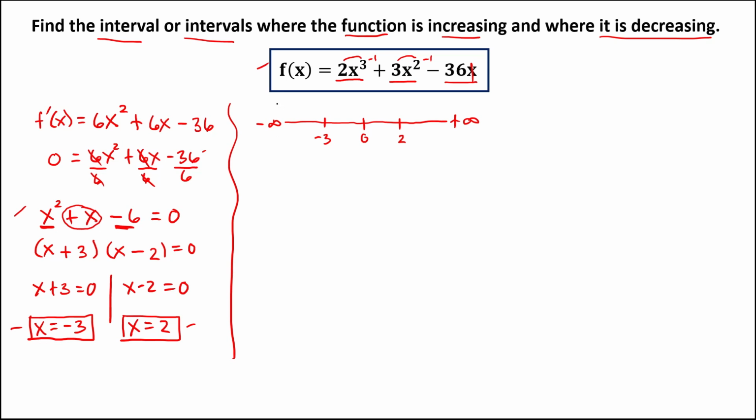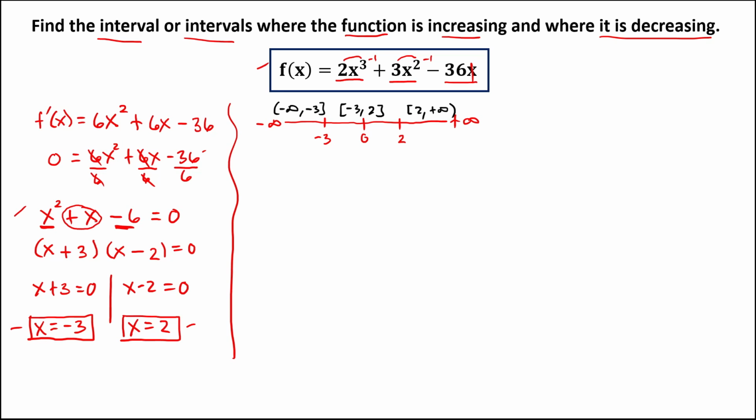The first interval is from negative infinity to negative 3. The second interval is from negative 3 to positive 2. And the third interval is from positive 2 to positive infinity.